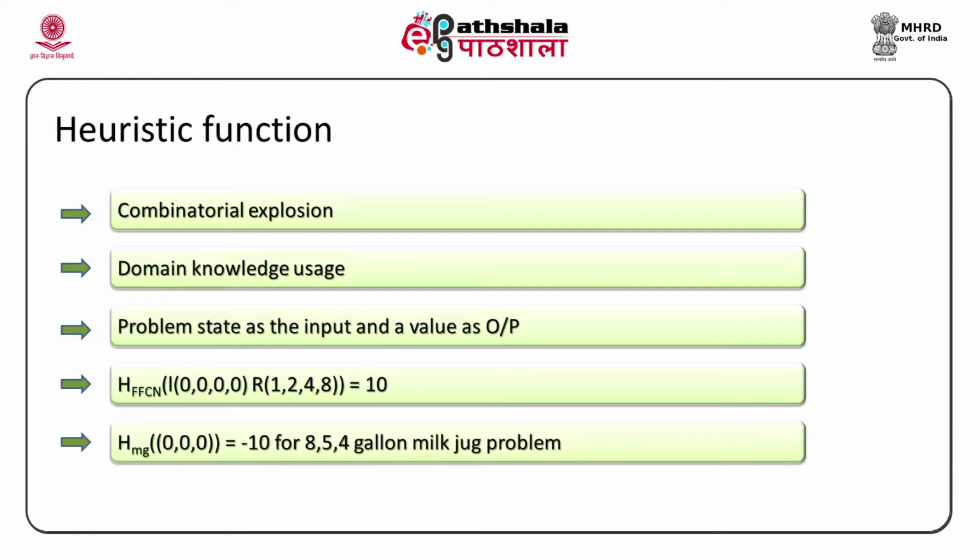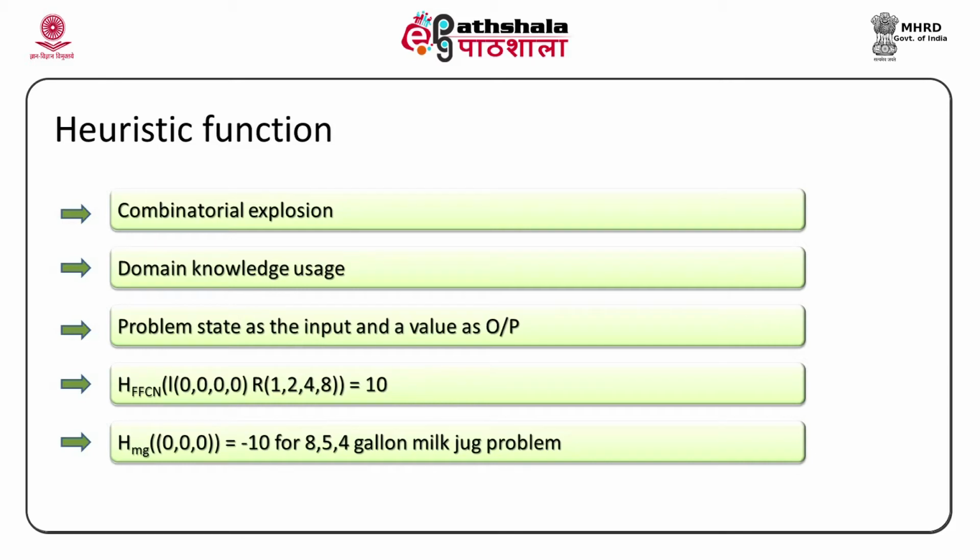For the milk jug problem, the state 0 0 0 gets -10. If I have nothing left in all jugs, I have done something terribly wrong. I will not reach a solution after this, so it is a kind of dead end, a failure.